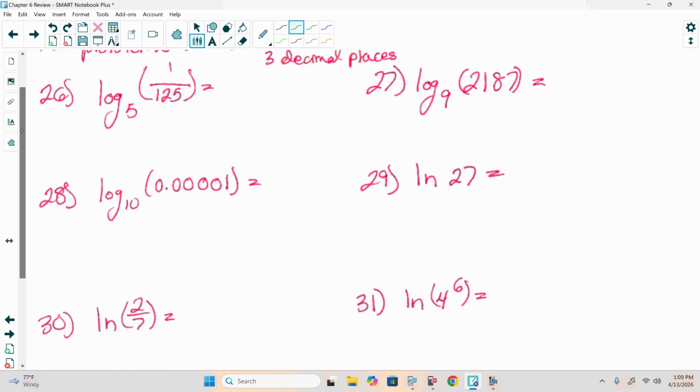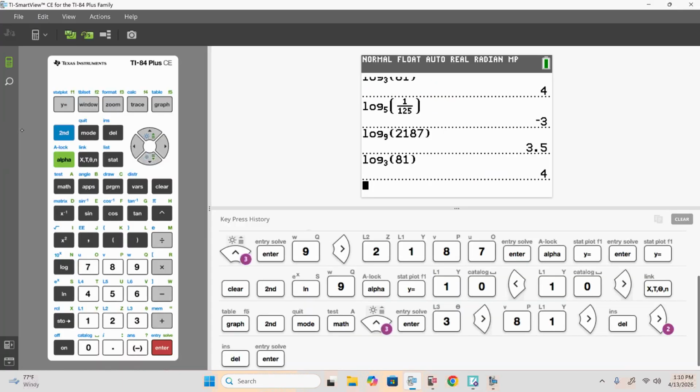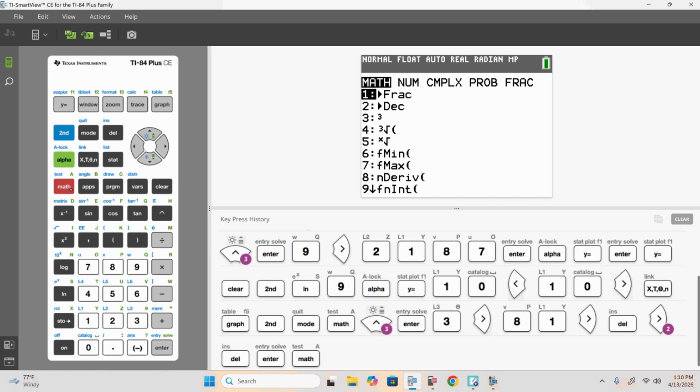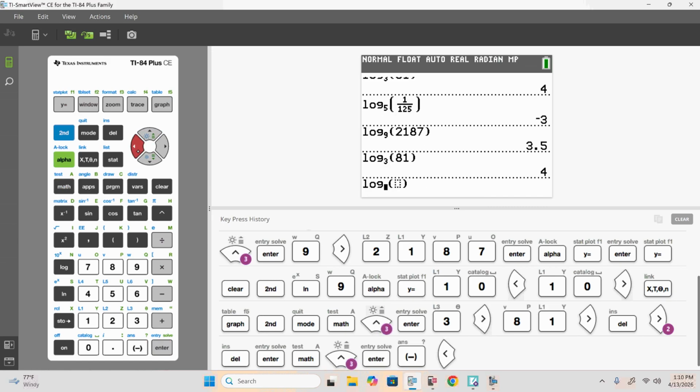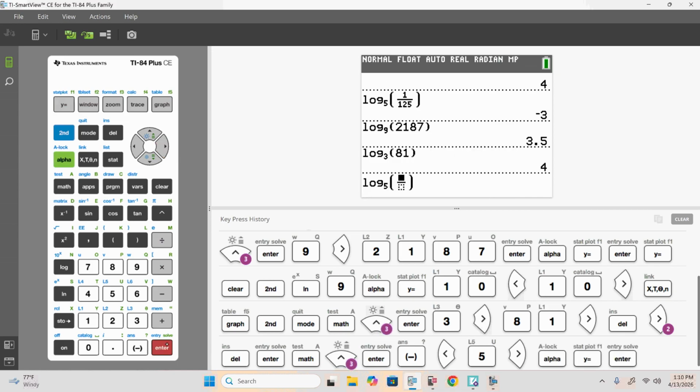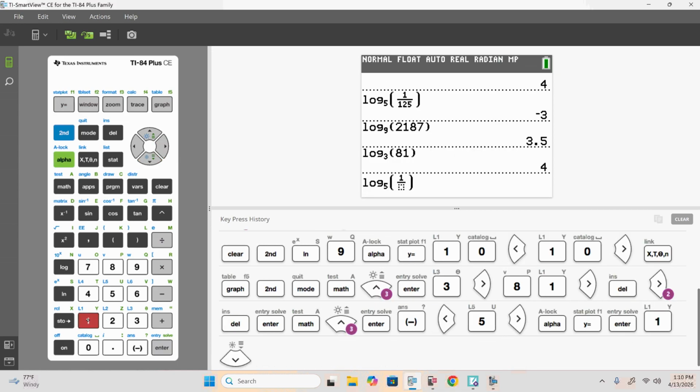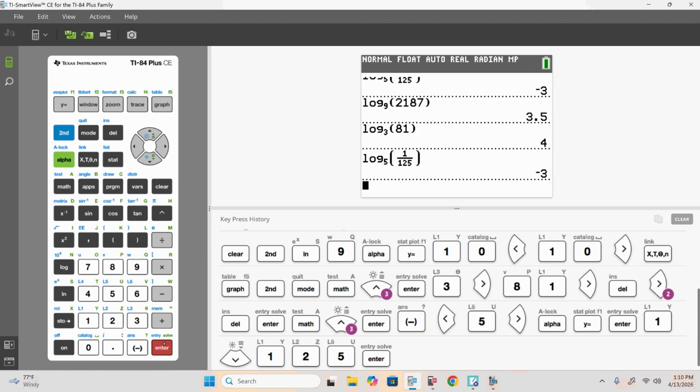Evaluate each logarithm and round to 3 decimal places. Realistically, round to 3 decimal places if necessary. If not, you don't have to worry about it. We'll start off with 26. If we want to, we can grab the graphing calculator and go math, log base 5 of 1 over 125, enter, and it is -3.